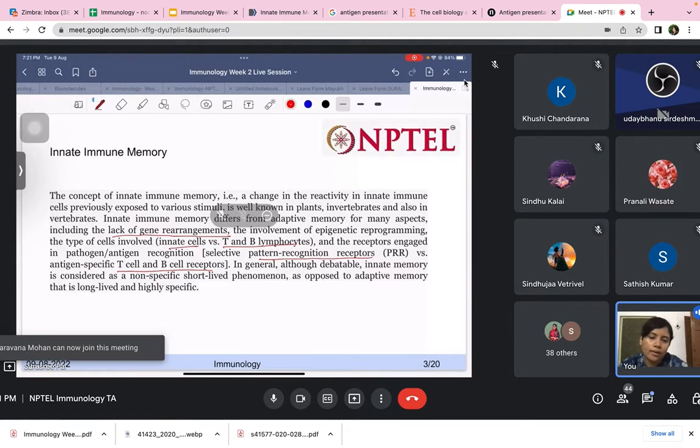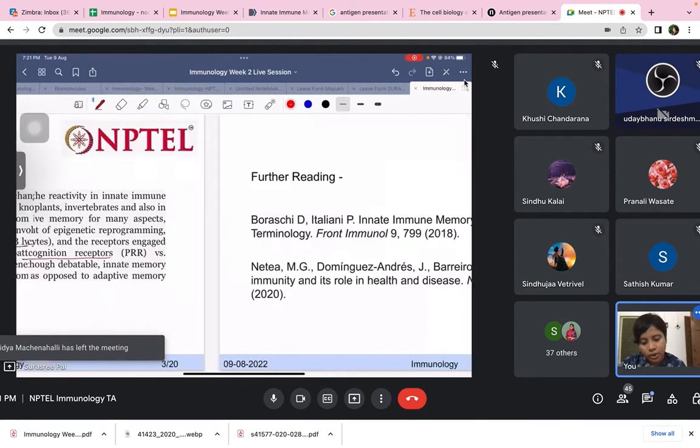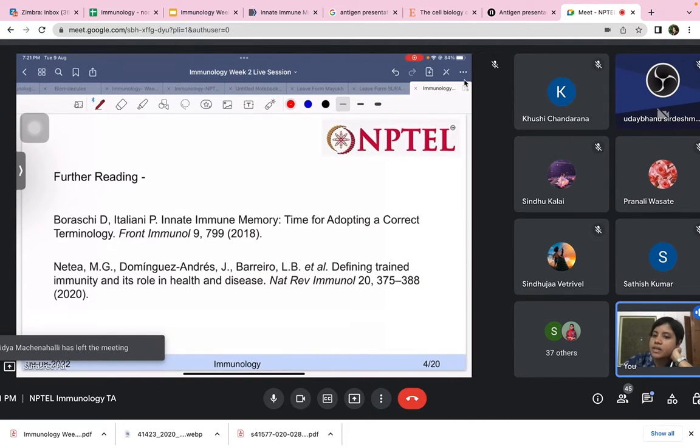That is what is supposed to be innate immune memory. And there are very interesting articles. These are some of the articles that you may go through if you find more interest in this subject. All right, so that's about the innate immune system.